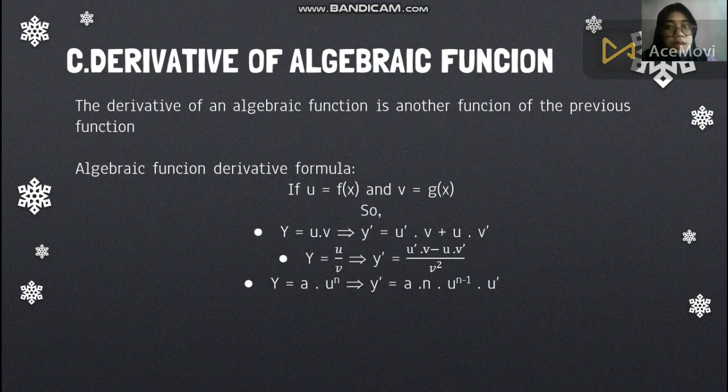If u = f(x) and v = g(x), so y = u times v, y' = u' times v plus u times v'. y = u over v, y' = (u' times v minus u times v') over v squared. y = a times u to the power of n, y' = a times n times u to the power of n minus 1 times u'.